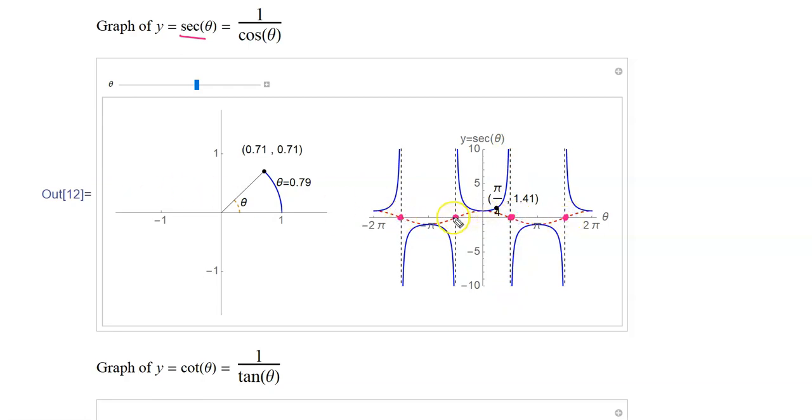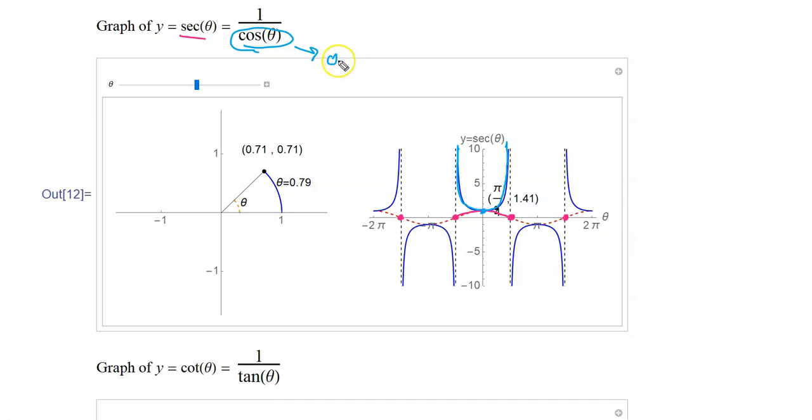And notice that for this piece of the cosine function right here, the secant graph will break up towards positive infinity like this, and up towards positive infinity like this, as we approach pi over 2 and negative pi over 2, because as we approach those two numbers, the cosine function is approaching 0.